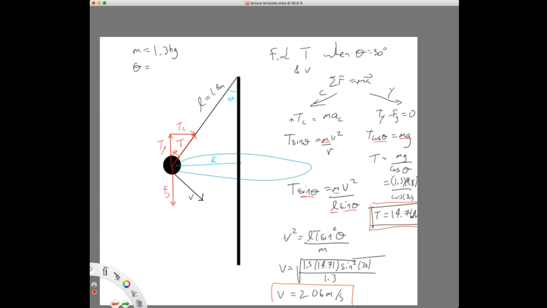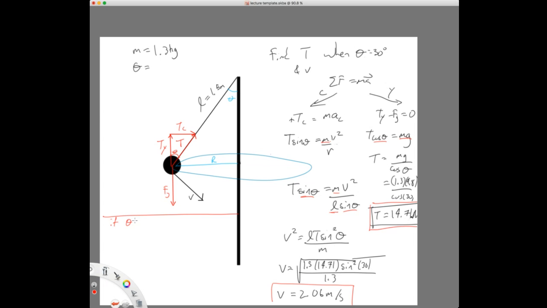So just for curiosity's sake, let's see what would have happened if our angle had been, say, 85 degrees instead of 30 degrees. Same problem. I'm just going to do it on the side here.